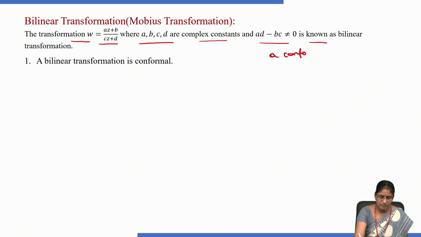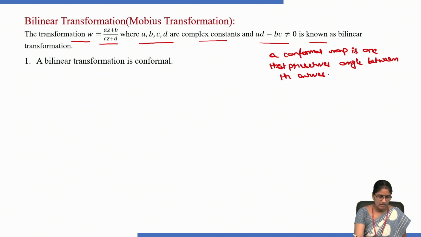A conformal map is one that preserves angle between the curves. Under the transformation, angle between the curves at any point remains unchanged.